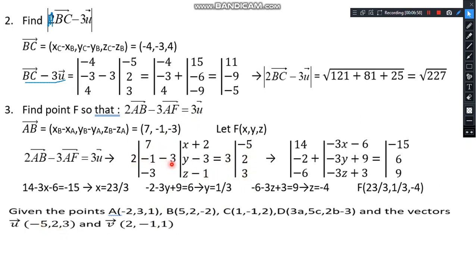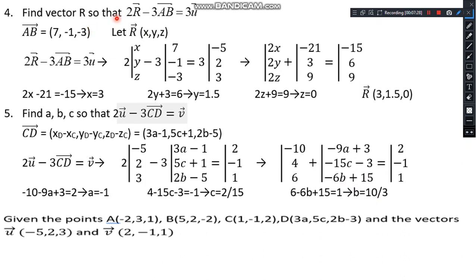So 14 minus 3x minus 6, minus 6 minus 3y plus 9, minus 3z plus 3, equal to minus 15, 6 and 9. I have 3 equations. 14 minus 3x minus 6 is minus 15, you're going to get x. Here minus 2 minus 3y plus 9 equals 6, you get y. And minus 6 minus 3z plus 3 equals 9, you get F.